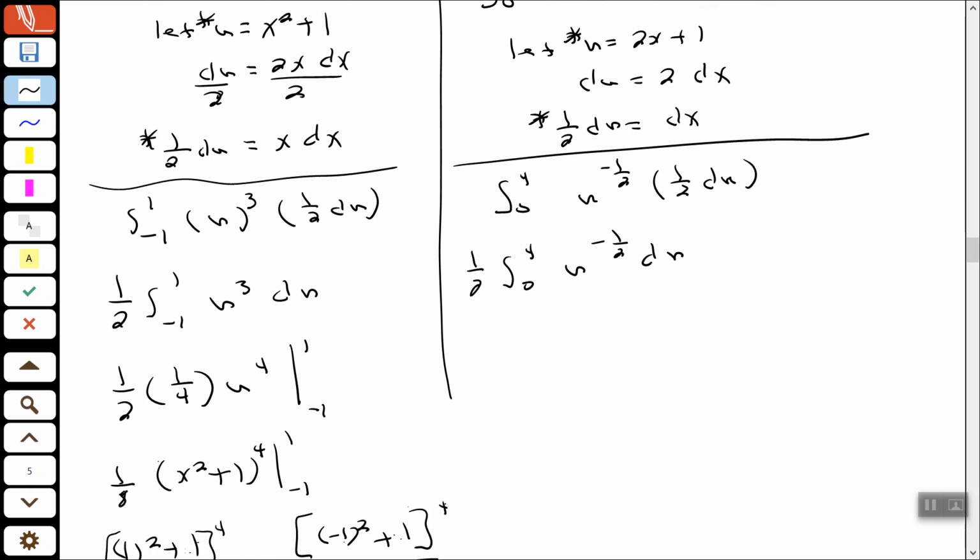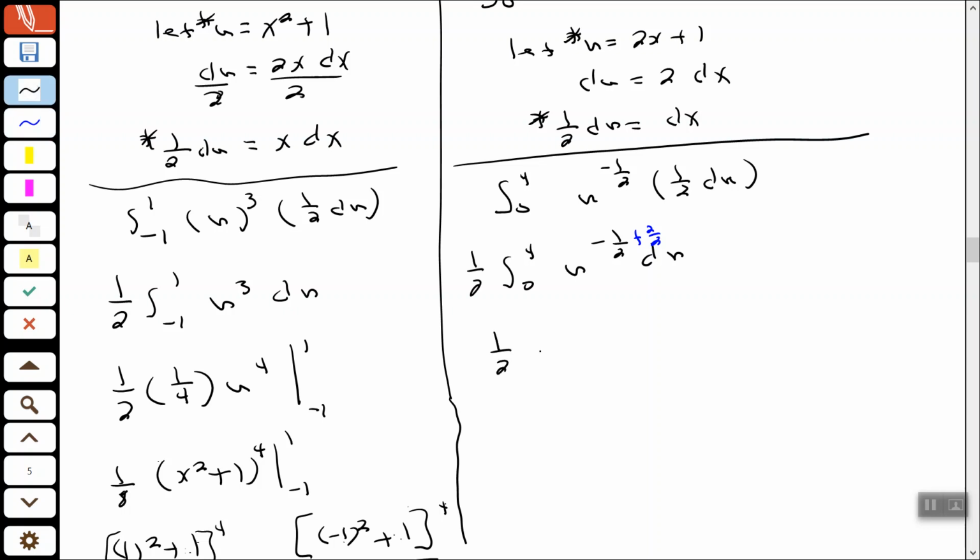And let's integrate. So u to the negative 1/2, integrating that means I need to add 1 to that exponent, or add 2 over 2, which makes that u to the positive 1/2. And if we divide by 1/2, that's the same thing as multiplying by 2.